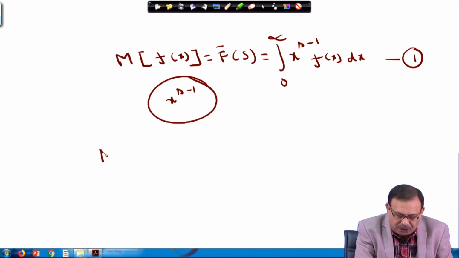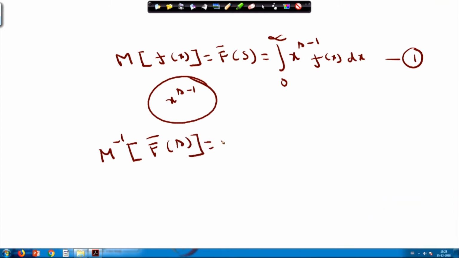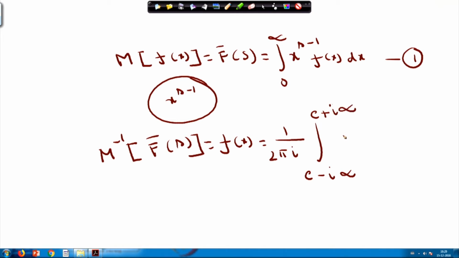Similarly, the inverse of the Mellin transform I can obtain as M inverse of F bar(s), which is nothing but the function f(x). This equals 1 by 2 pi i into the integral from c minus i infinity to c plus i infinity of F bar(s) x to the power minus s ds, where c is greater than 0.